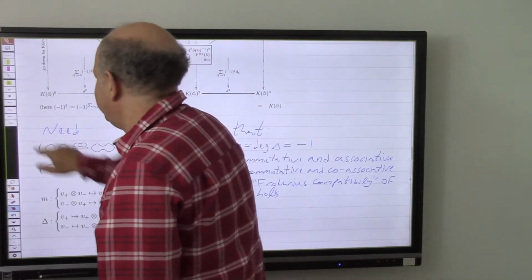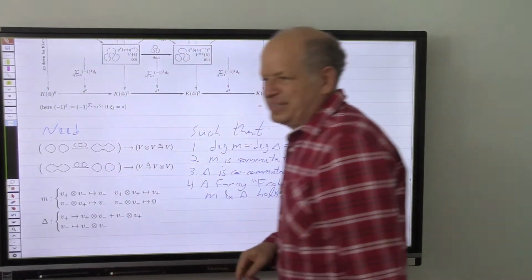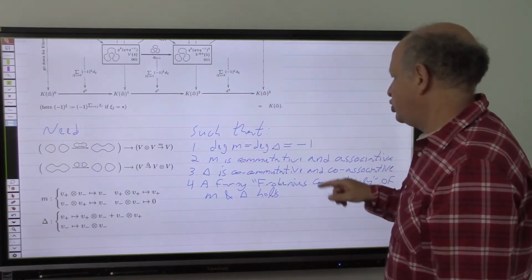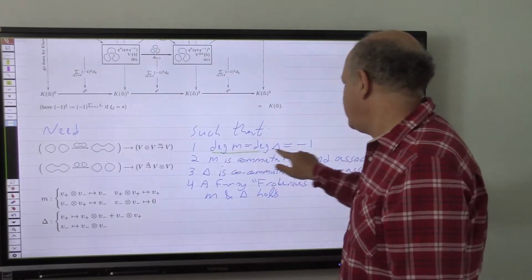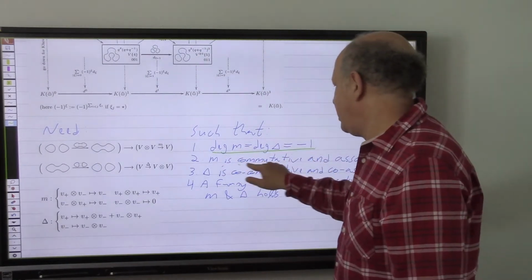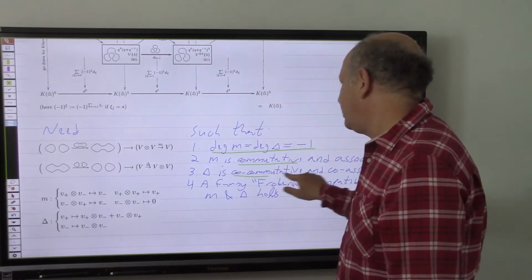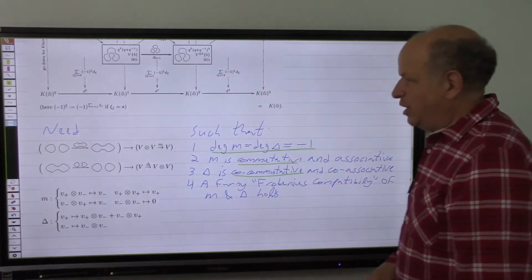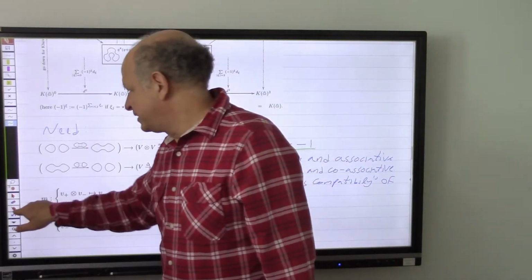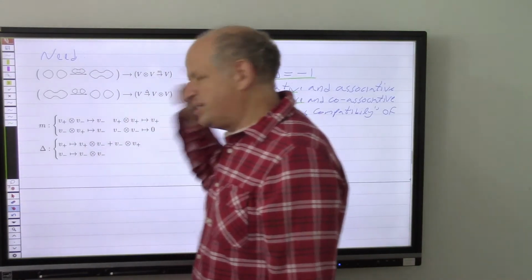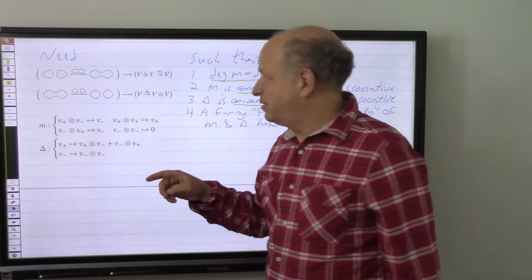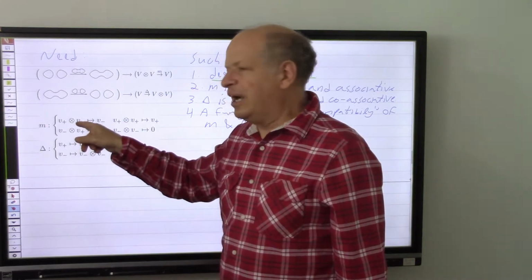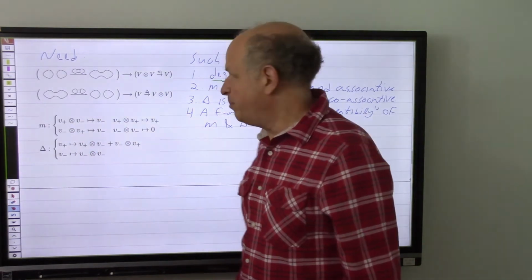And then we started looking at what maps can we write such that the degrees are right, such that M is commutative, and such that delta is co-commutative, and we ignored the other conditions, and the conclusion was that the map M is given by V plus tensor V minus is equal to a multiple of V minus.